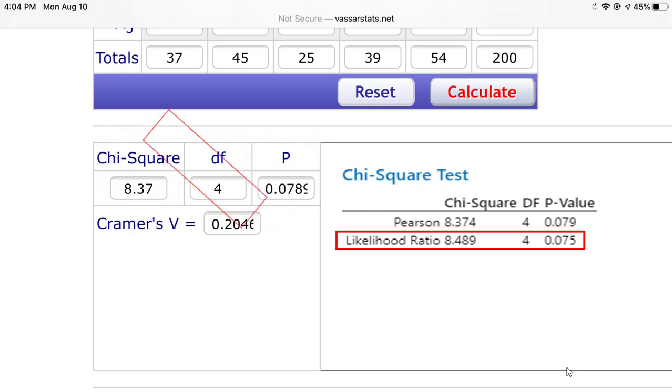Now, what is important to us, however, is that here we get the value for Cramer's V. Okay, remember this is going to measure the strength of the association, and this is similar to the R value that we were doing before, that went from 0 to 1 or -1. So in this case, 0.2, that's a very weak association.